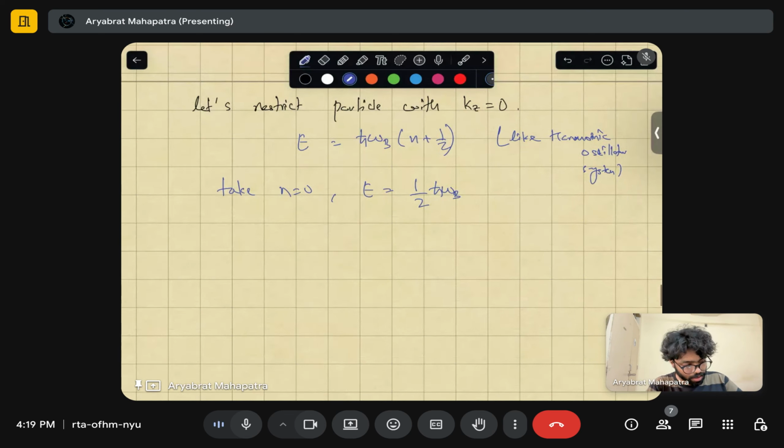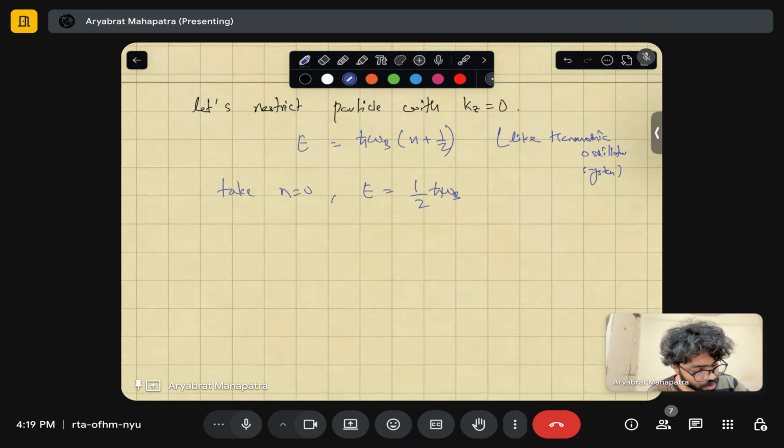So this energy corresponds to, if you call this H_n, this is E_0. So your psi_0 should be something like H_0 Hermite polynomial, and this exponential part becomes one. I'm talking about the ground state wave function of the hydrogen atom.